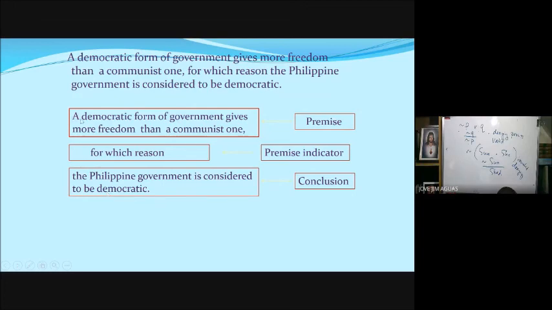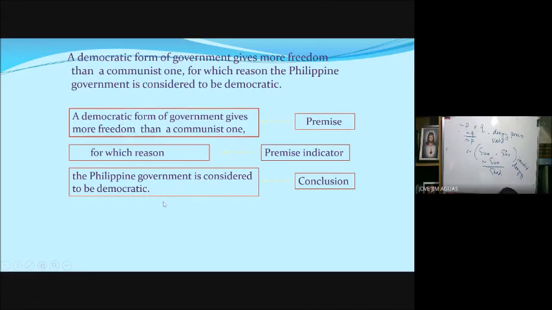Look at this. A democratic form of government gives more freedom than the communist one. It contains "considered to be democratic" here. That means this is the major premise. And the implied premise is the minor.